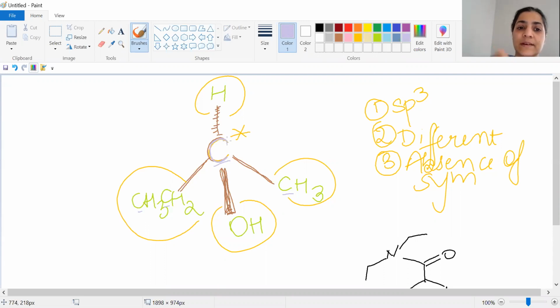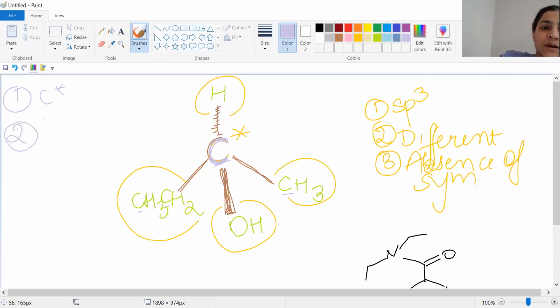And we observe that this carbon is the only chiral carbon. And this is the only carbon that we can label as R or S. So our first requirement is fulfilled. There is a chiral carbon and we are going to look around that carbon.